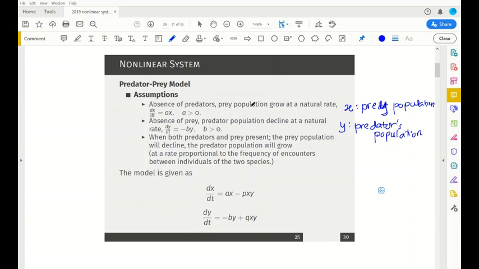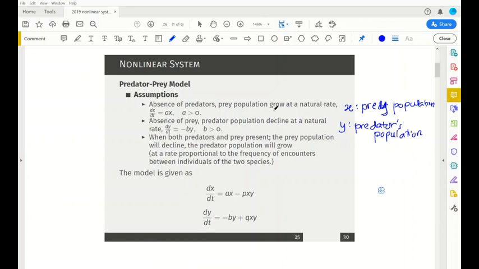So that's why we have a positive sign here. While for the second assumption, if we have an absence of prey, the predator has problems finding food. Its food sources will be low, so that leads to the decline of its population.